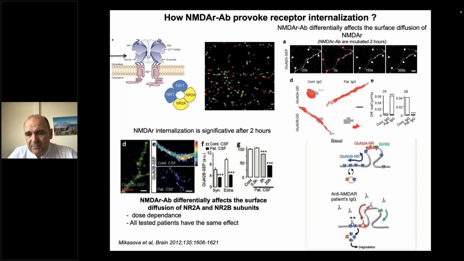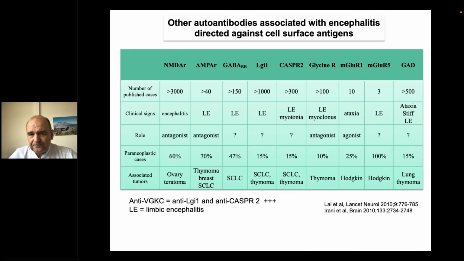And there is probably a mix between the action of the autoantibodies and some other things, such as secretion of different cytokines, that can explain all the neurological signs of the patients.